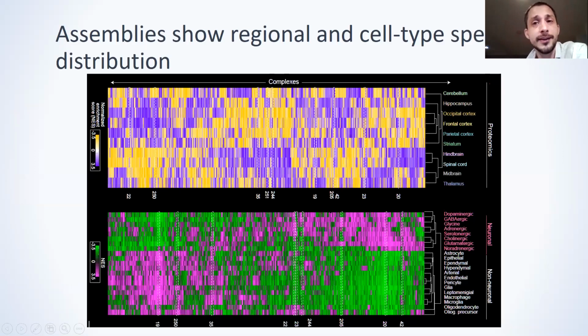But yeah, so BrainMap contains a lot of this data, regional and cell type specific distribution of complexes. So here's a complex, for example, and it shows you regional and cell type specific distribution. And I invite you to explore all this data through the portal again, which I'm really going to sell.